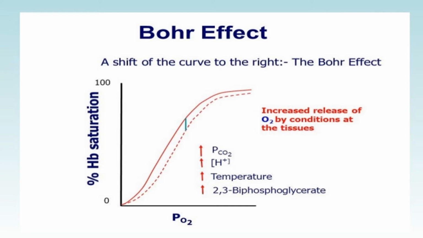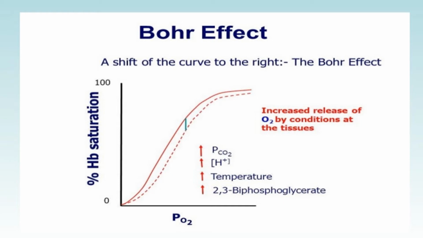Coming to the factors which play a key role in affecting the affinity of hemoglobin for oxygen, this is well explained by the dissociation curve, that is the hemoglobin dissociation curve or oxygen dissociation curve, explained by the Bohr effect.